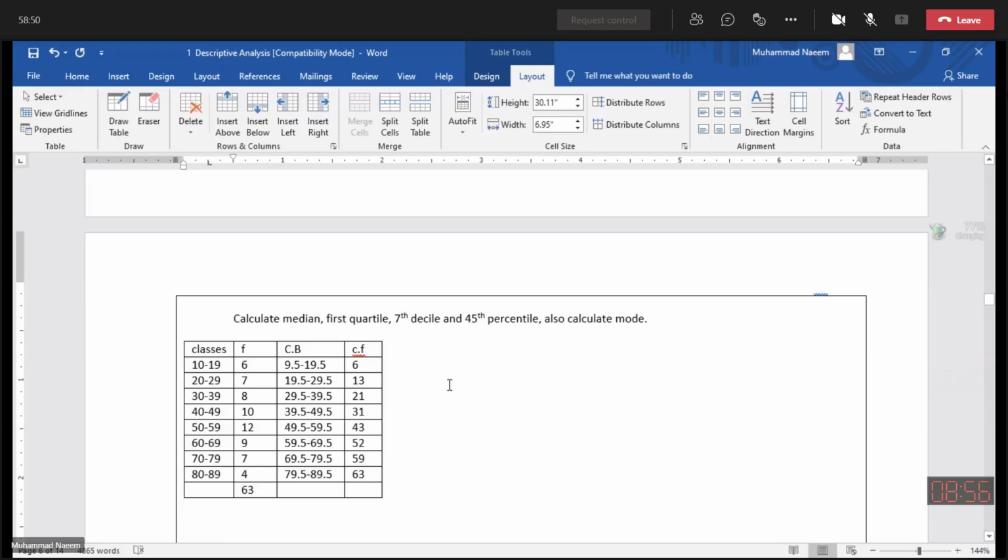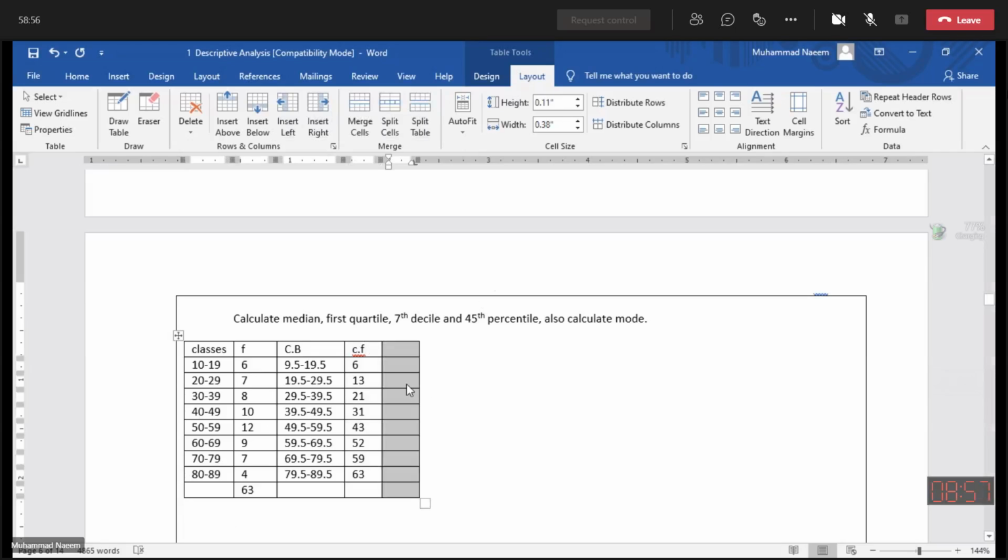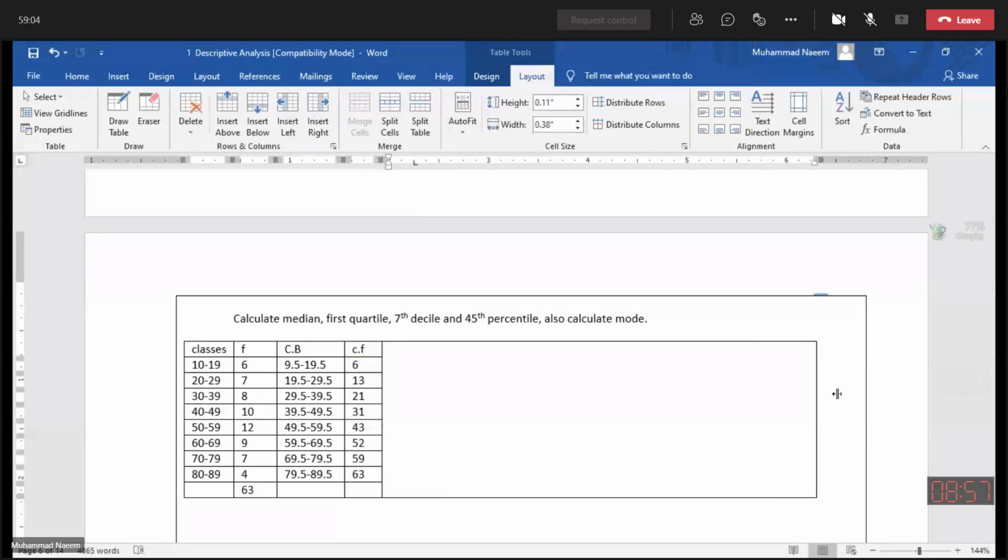Okay, what about the formulas? Formula for median.